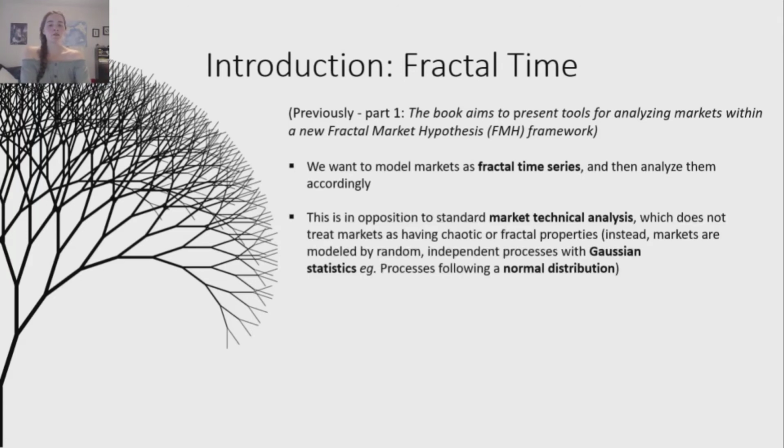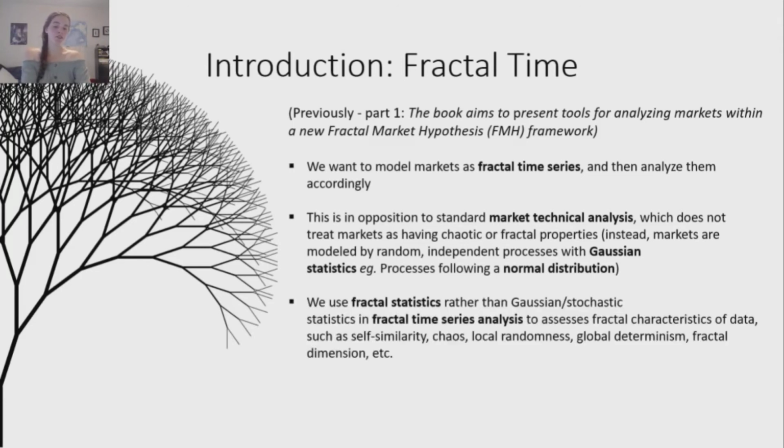This is in complete opposition to standard market technical analysis, which does not treat markets as having chaotic or fractal properties. Instead, markets are modeled by random, independent processes with Gaussian statistics, e.g., processes following a normal distribution. So Gaussian statistics is the same as stochastic, is the same as random, basically.